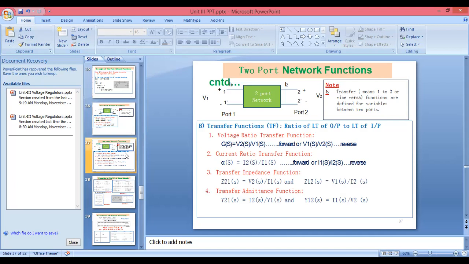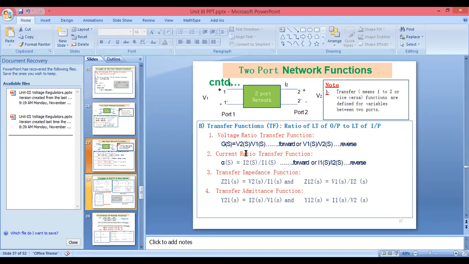So we are supposed to use here V2 of S upon V1 of S. V2 of S is nothing but the voltage across port 2. ये जो V2 है, we are calling that V2 of S because it is a frequency function. And V1 of S is nothing but the voltage across port 1. This we are calling the forward voltage ratio transfer function, and if we take its reciprocal, at that time we can call this the reverse voltage ratio transfer function.